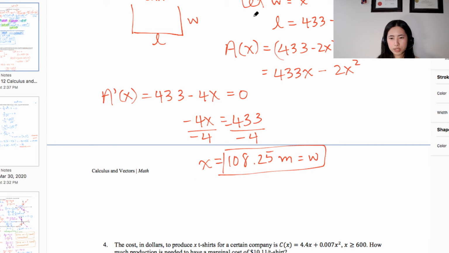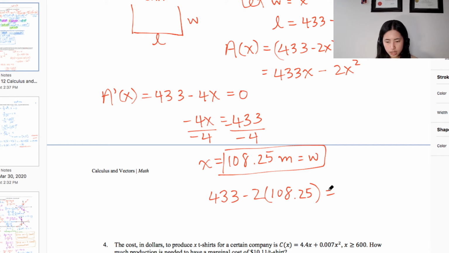Well, obviously you take length is equal to 433 minus 2 times x, which is 108.25, right? So that's your length. So 433 minus 2 times 108.25 is equal to 216.5. So this is meters and this is your length, right?